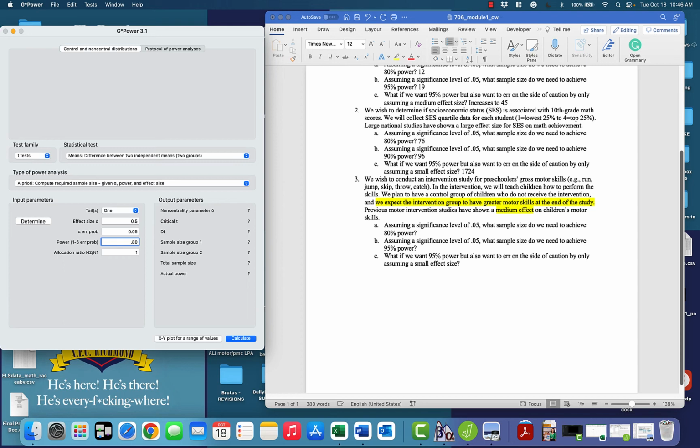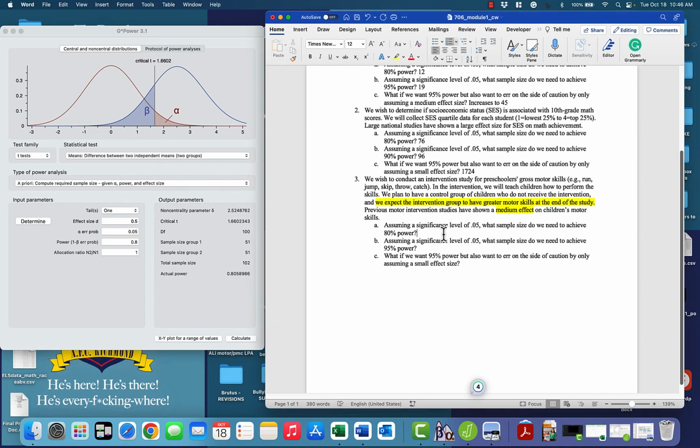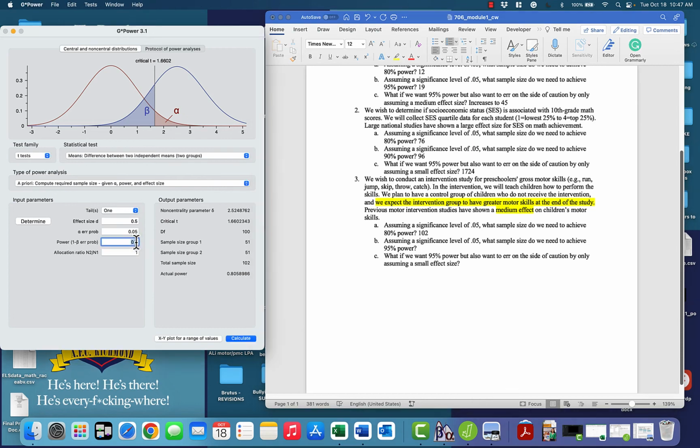And in this situation, we're going to have balanced groups. So we're going to assume a ratio of 1 to 1 in terms of intervention and control groups. All right, and so we calculate this and we see that we need 102 children total, where we would need 51 in each group.